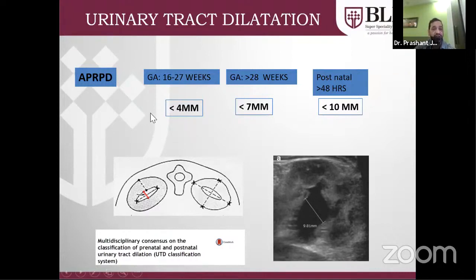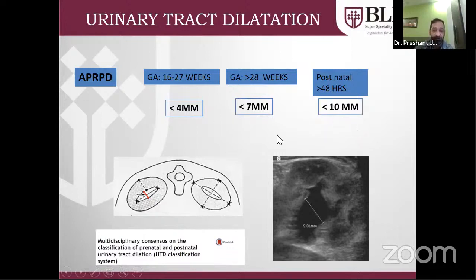Now, during early gestation, that is less than 27 weeks, anything which is less than 4 mm was considered normal. For gestational age more than 28 weeks, anything less than 7 mm was considered normal. And postnatal ultrasound, which is done after 48 hours, anything less than 10 mm was considered to be normal.